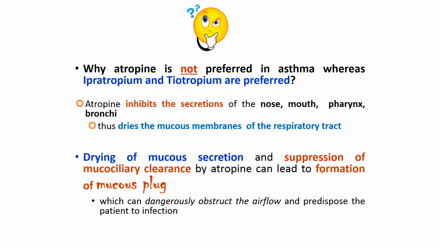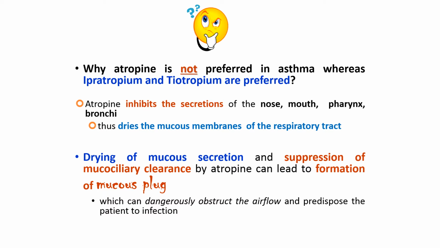Now the next thing that I have briefly told you: why atropine is not preferred in asthma, whereas ipratropium bromide or tiotropium bromide are preferred in bronchial asthma or COPD.